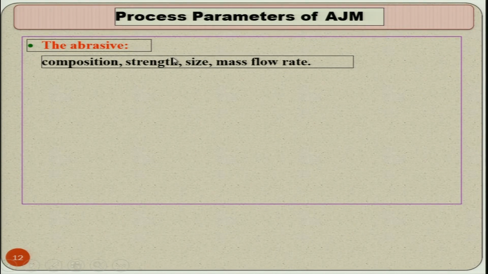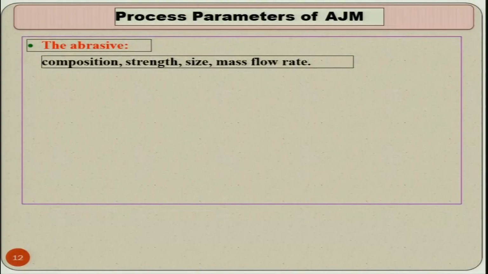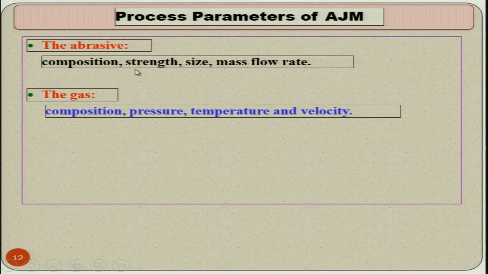Here, regarding strength of the abrasive particle, I would like to mention that if the abrasive particle is not much harder than the workpiece material, then the abrasive particle itself will get fractured or broken into smaller pieces, and it will not be able to perform any cutting action. So, before selecting the abrasive particles, you have to be very careful that its hardness is much larger than the workpiece material.